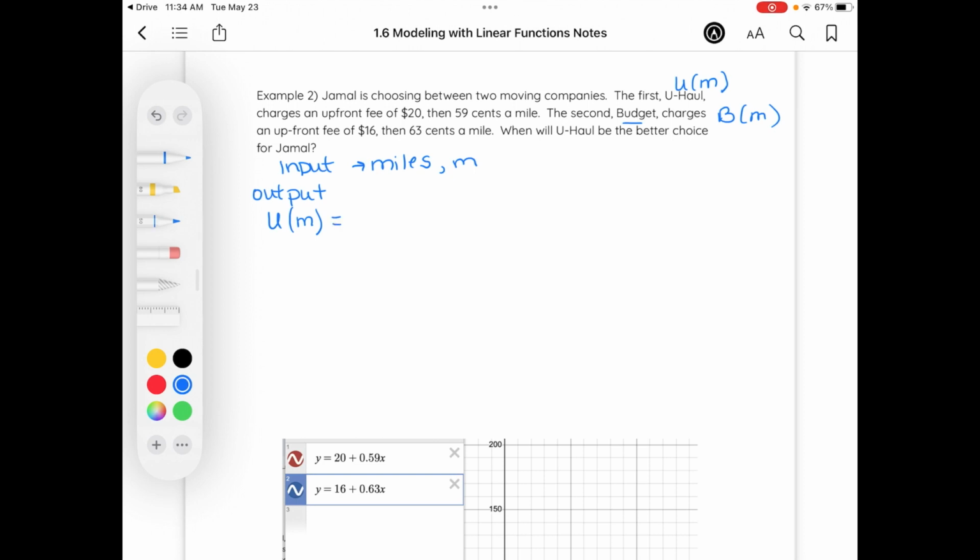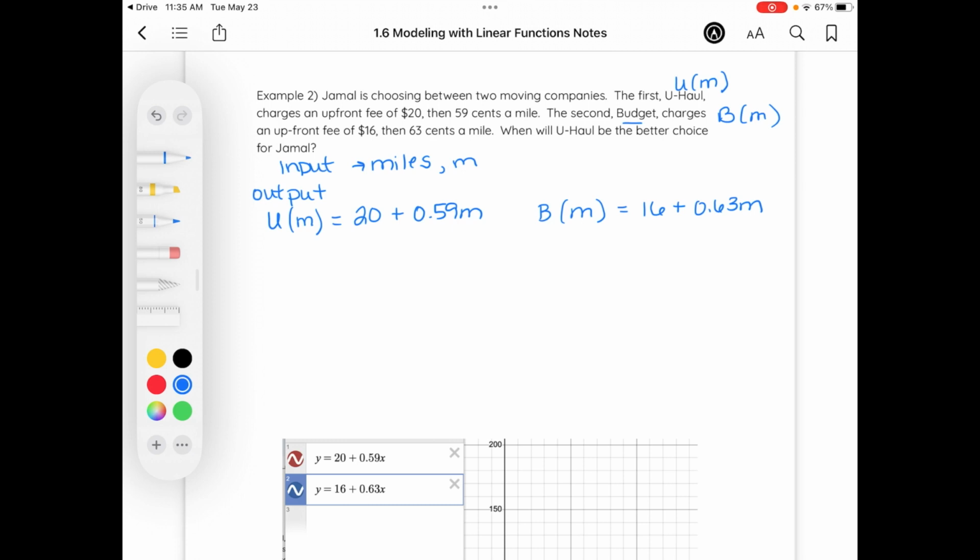Well, U-Haul charges a fee of $20 plus 59 cents per mile. But Budget only charges $16 and then 63 cents per mile.